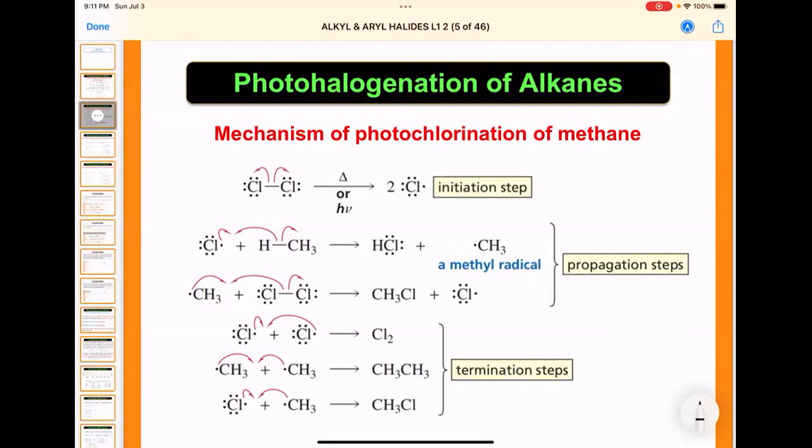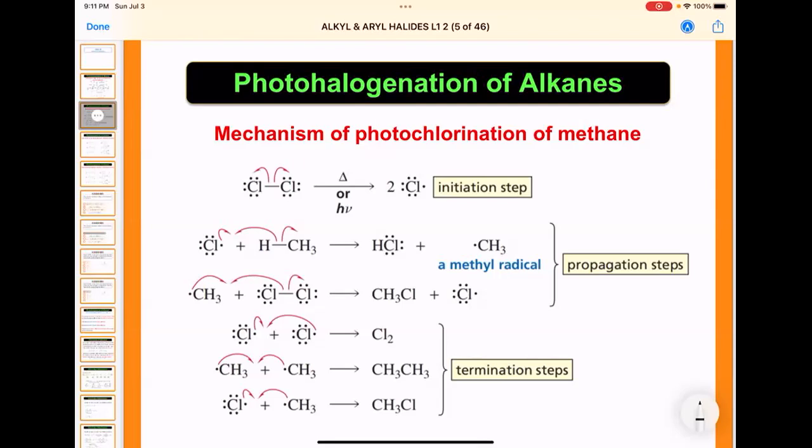Initiation means the reaction starts: you give some energy, some light, some heat, and the Cl2 breaks into Cl radicals. It is homolysis because both are Cl. If you give the energy, it doesn't break as Cl plus and Cl minus, it breaks as Cl radical, Cl radical.